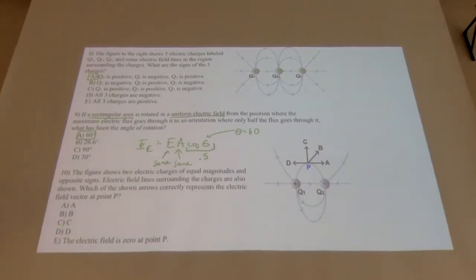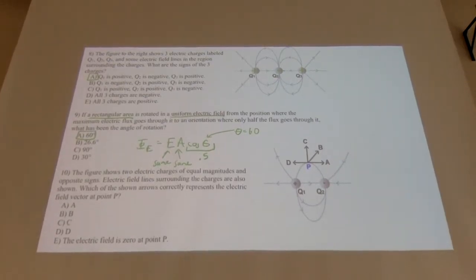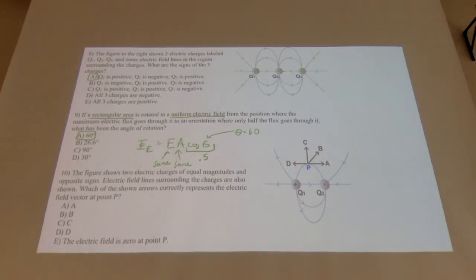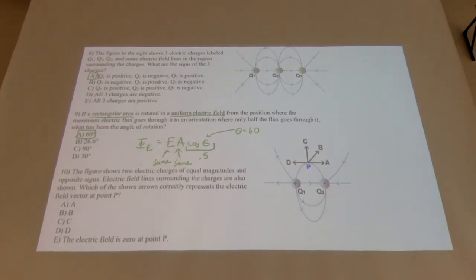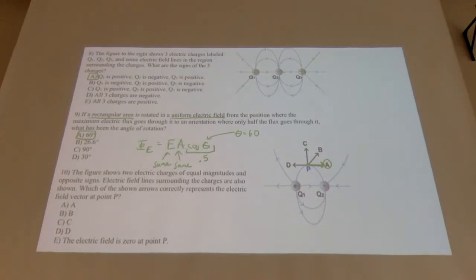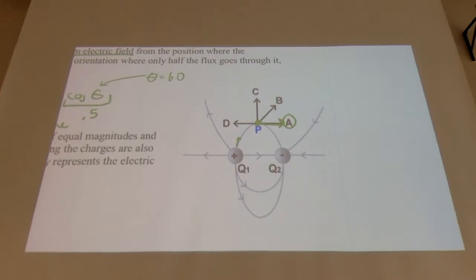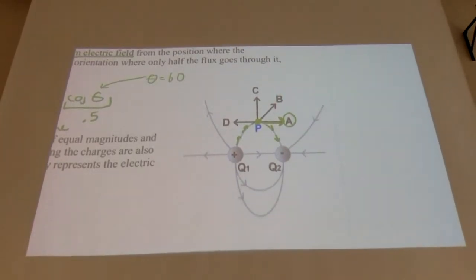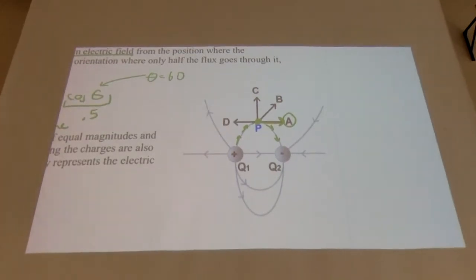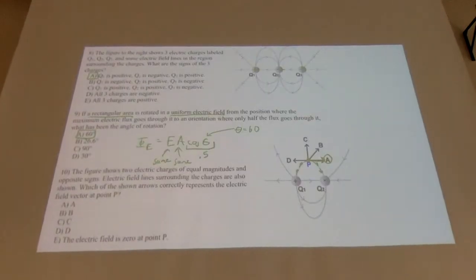So keep in mind that the electric field is tangent to those lines, and it needs to be going from the positive charge to the negative charge, meaning that the electric field vector at that point is tangent and points in the direction of A. If we wanted to draw the electric field vector at more locations, it kind of looks like that. So it's always tangent and working its way from positive to negative. And you can see that implied a little bit on some of the other lines.